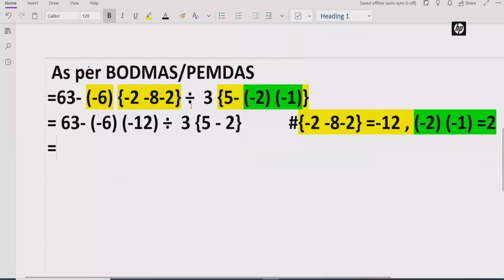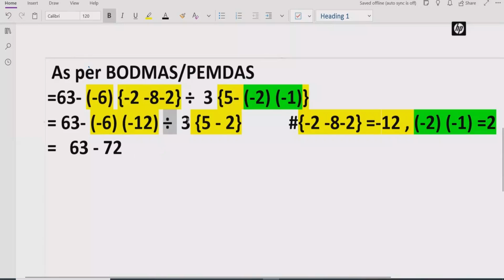Again, we have two brackets here. One is this one, and the other one is this one. So we will solve this part. We will write 63 minus -6 multiplied by -12 equals 72, since minus times minus is plus, and 6 times 12 is 72.